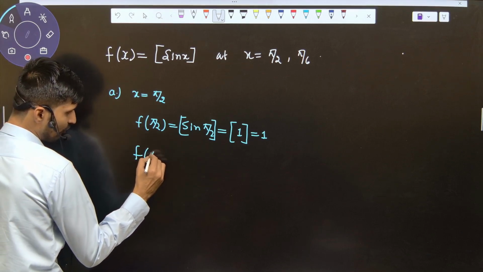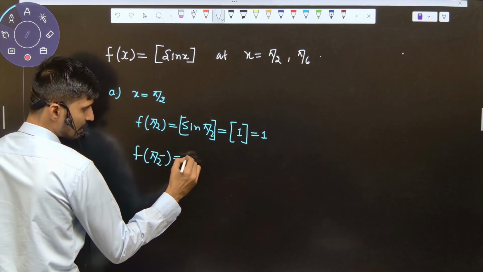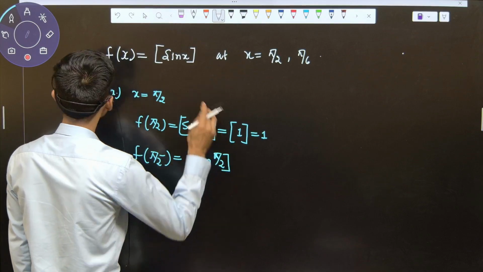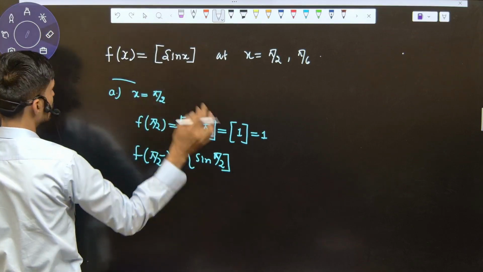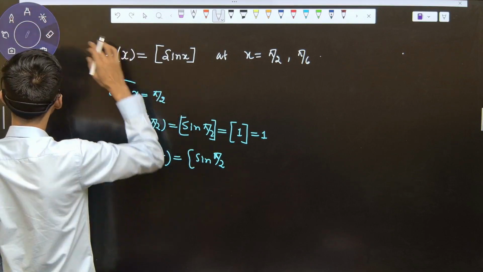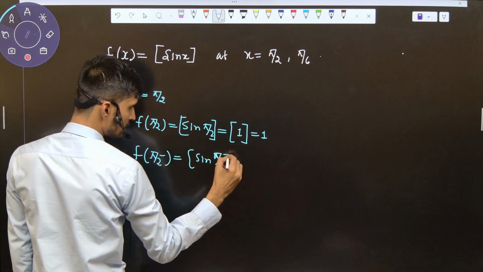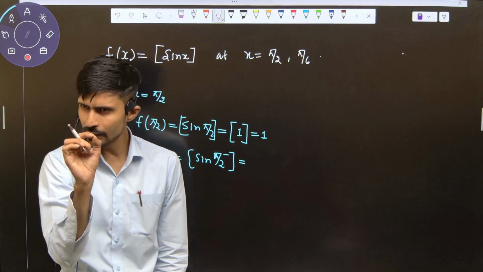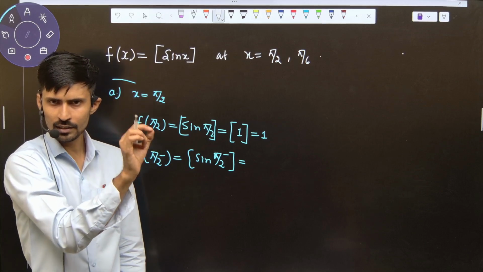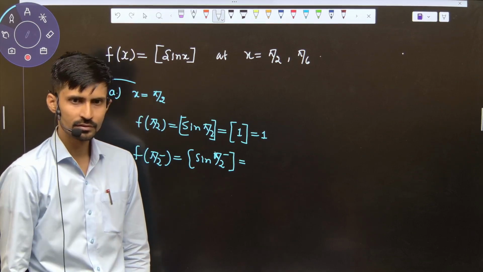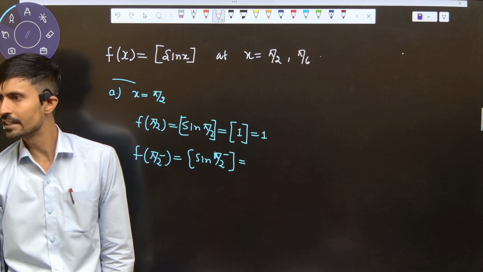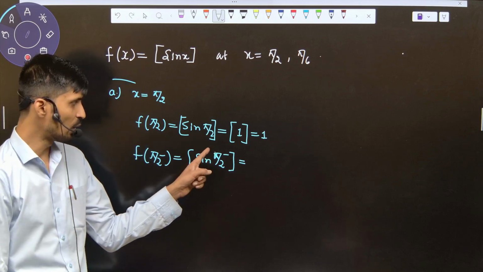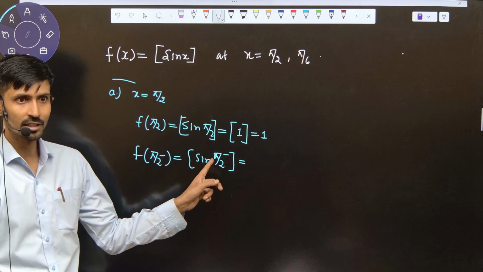And I am going to find f of pi by 2 minus, greatest integer of sine pi by 2 minus. It means this angle is 89.9999999 degree. What will be 90 minus? 89.9999. It means this value will not be 1.